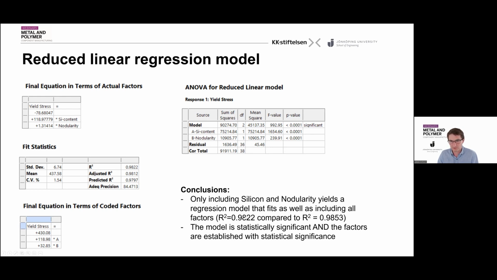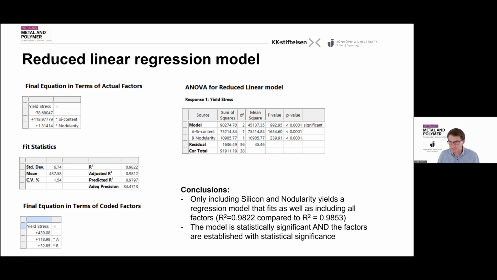You can see the R² value is 0.98 and 0.98. It's just a very slight difference on the third digit, which is really small. And now we have a model which is statistically significant, and the factors are established with statistical significance. So now we know that these factors that we have are okay.